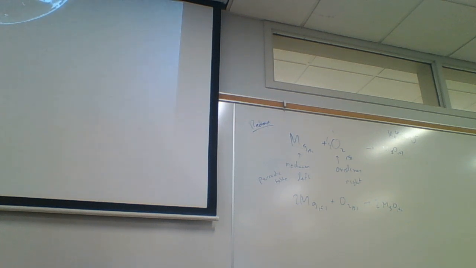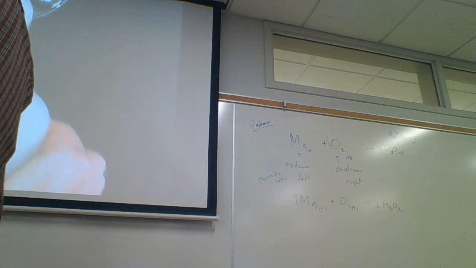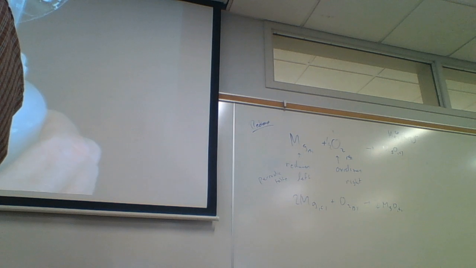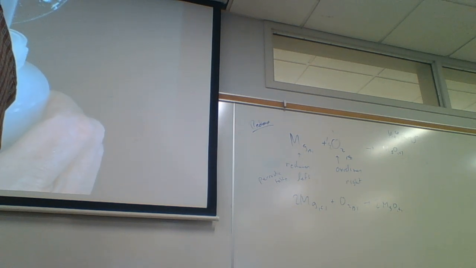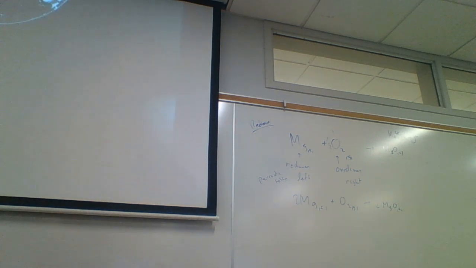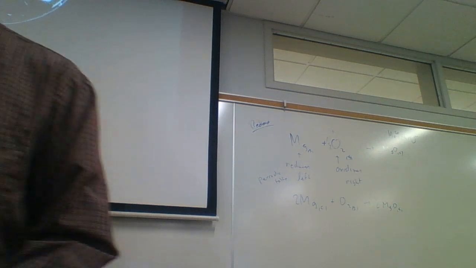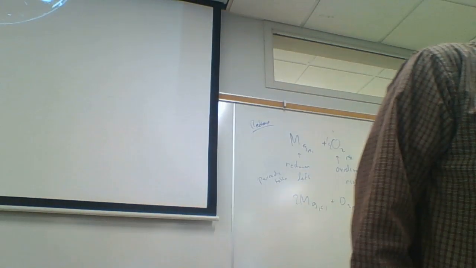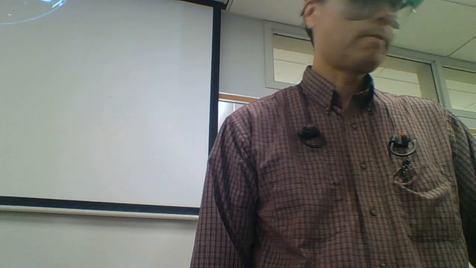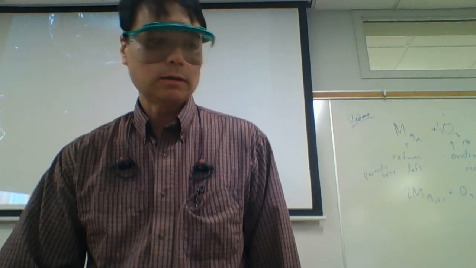Okay, so what I'm going to do is I'm going to do two things. I'm going to just get some water here and mix the ash, that is the magnesium oxide, with the water. Now, magnesium oxide, is it soluble in water?